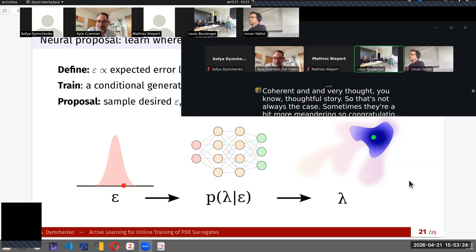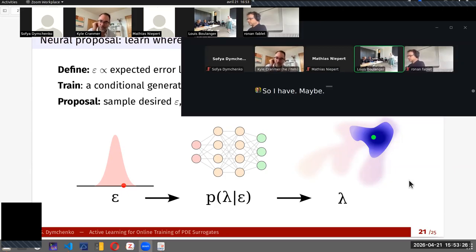So I have maybe two or three questions. The first one is that in the thesis, in the discussion about the exploration-exploitation trade-off, for the exploration you're often referring to a uniform distribution.